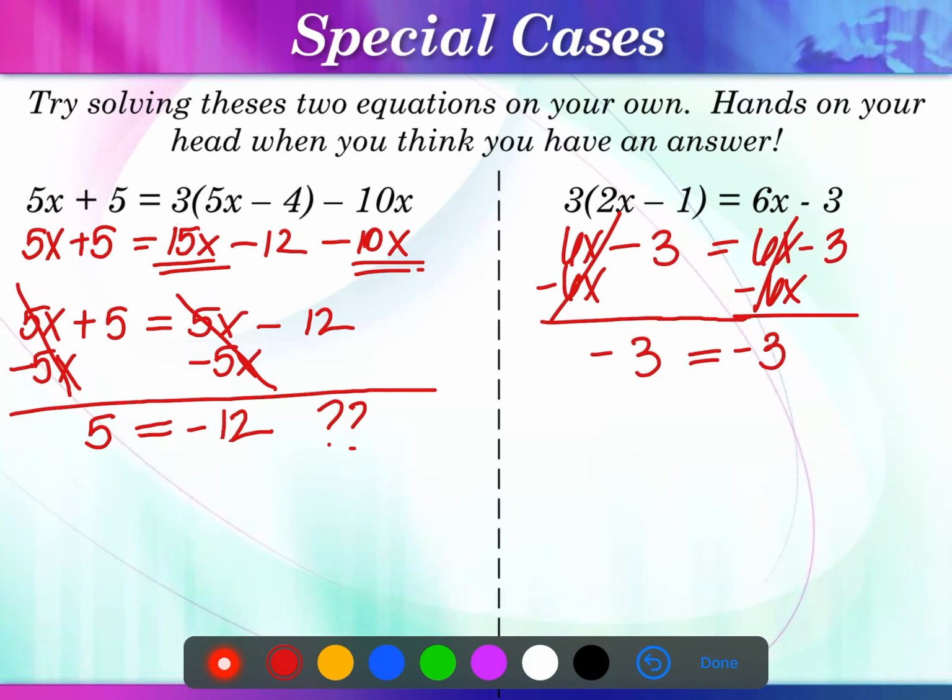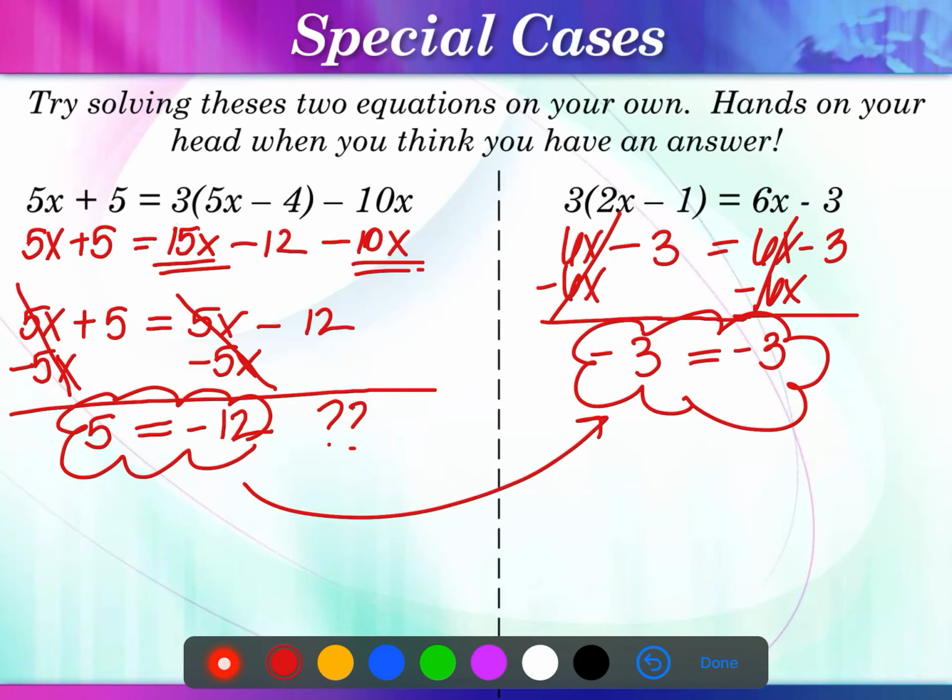This cancels again. So negative 3 equals negative 3. Well, it's sort of like the first example. At least it's a little bit better because I have the same number on both sides. So what does this actually mean? Because neither one of these are actually final answers. I can't leave this. So let's make a note here. Not a final answer.